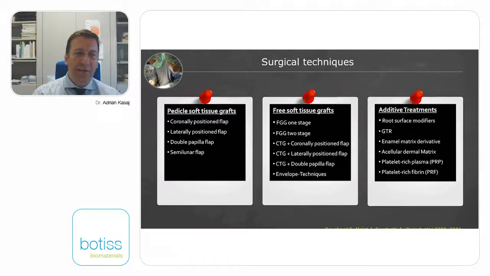We have the group of the free soft tissue grafts, where we have the submerged grafts and the non-submerged grafts, and we have the group of the additive treatments, where we have the root surface modifiers like EDTA, tetracycline, citric acid or phosphoric acid. We have the use of membranes, Emdogain, acellular dermal matrices, PRP, PRF, and possible combination therapies.